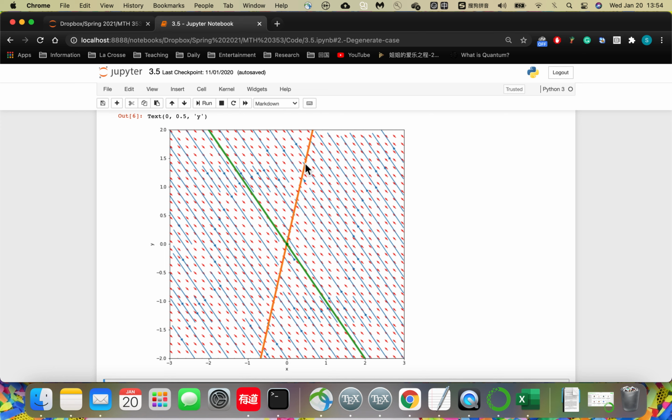But after you shift, because in the orange direction you have no preference to leave or be attracted towards 0, 0, they're just parallel lines. They do not bend towards 0, nor do they bend towards infinity. So two straight line solutions for 0 eigenvalues. The only difference is this time you do not have both directions going towards infinity or towards 0.